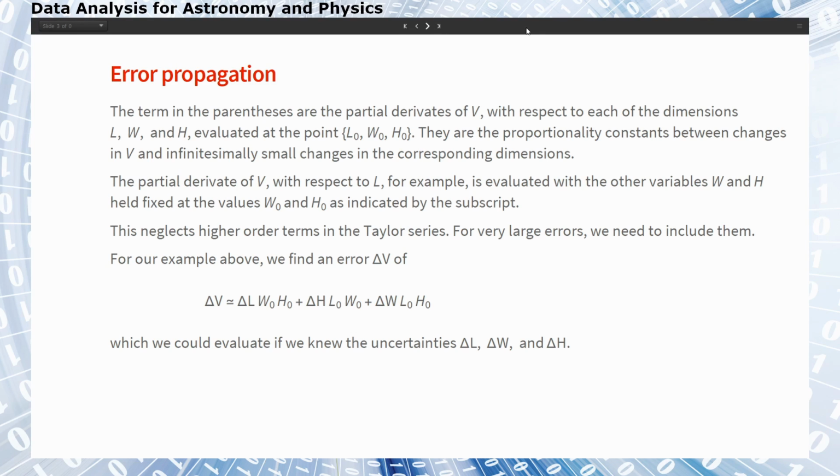For our example above, we find an error of delta V is approximately delta L times W0 times H0 plus delta H L0 W0 plus delta W L0 H0, which we could evaluate if we knew the uncertainties in our measurements of the dimensions.